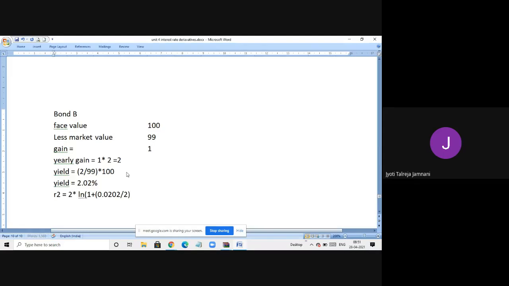So we calculate R2. Check how much you get. 2%.